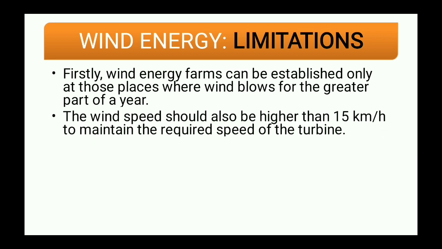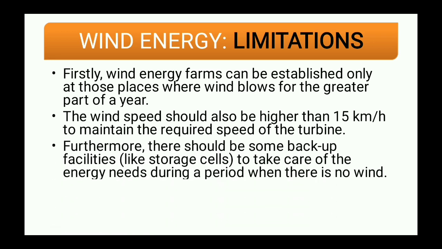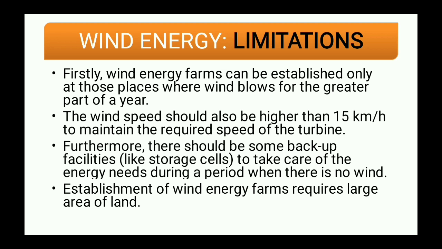Second point, the wind speed should always be higher than 15 km per hour to maintain the required speed of the turbine. Third, there should be some backup facilities like storage cells to take care of energy needs during a period when there is no wind.